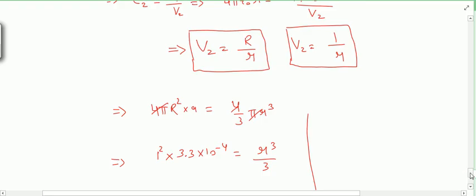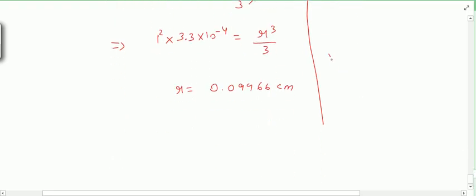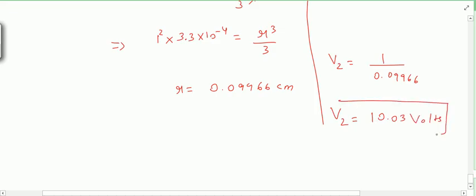It was 1 by r, so we have to just take the reciprocal of this. So v2 is equal to 1 by 0.09966, and after taking this reciprocal, this value will come as v2 equals 10.03 volts. This will be the answer for this question.